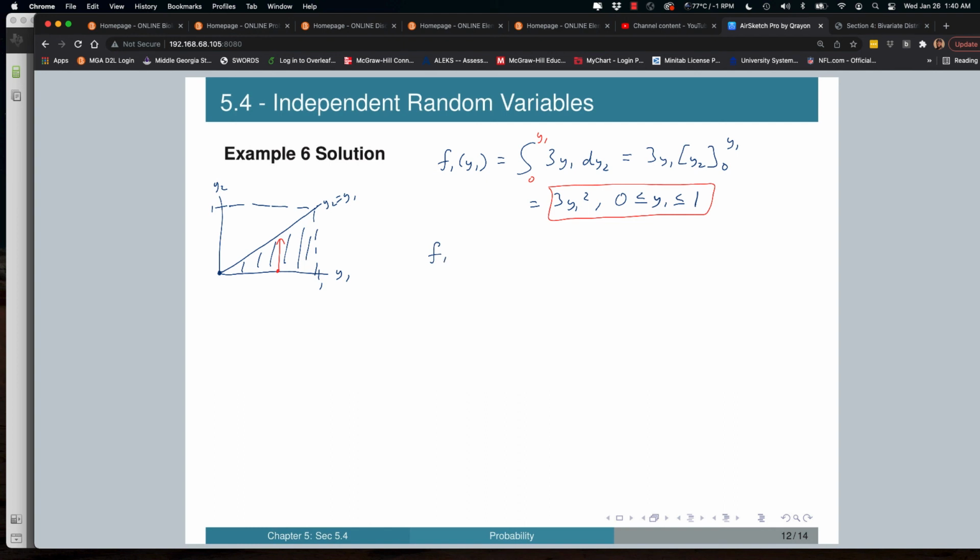The marginal for y sub 2 is the integral of 3y sub 1 with respect to the y sub 1 variable this time, since it's the marginal for y sub 2. And this time we're going from the diagonal line out to 1 of the shaded region, and that's going to go from y sub 2 up to 1.